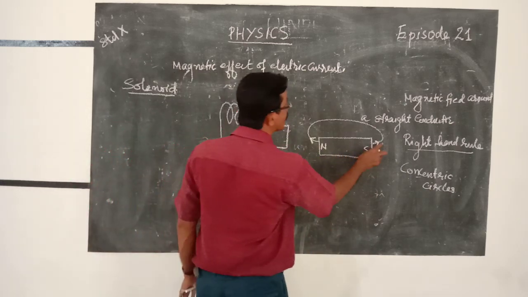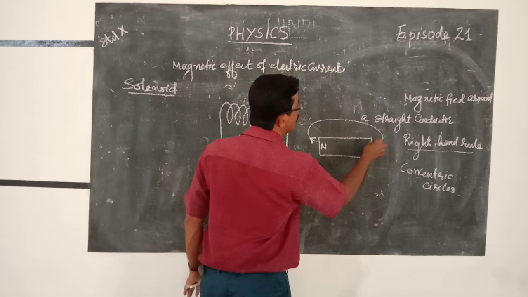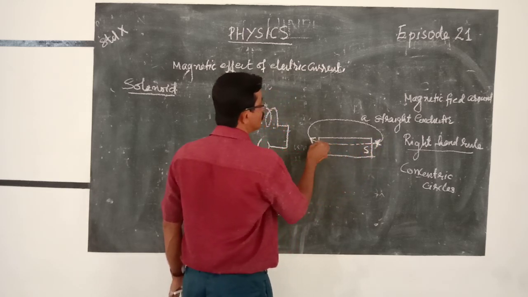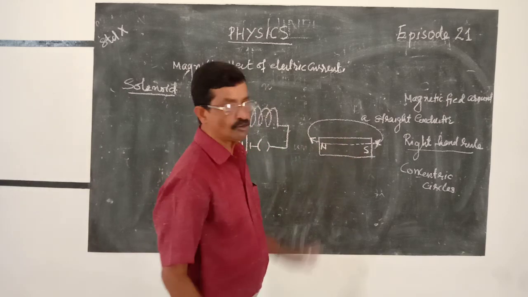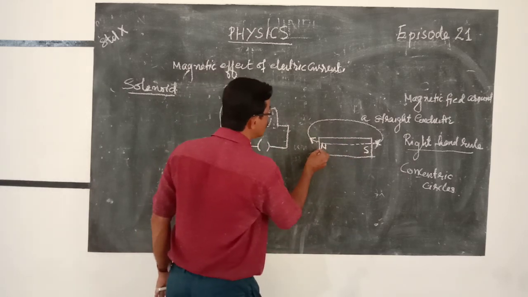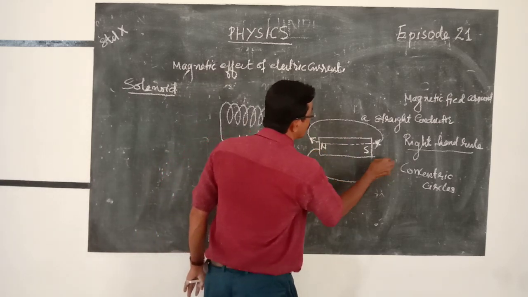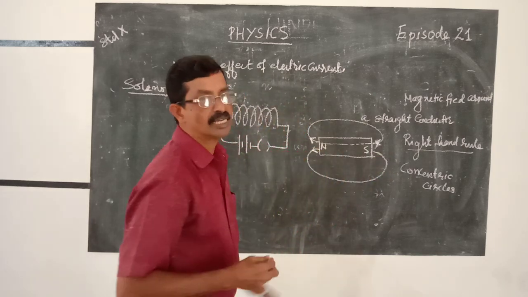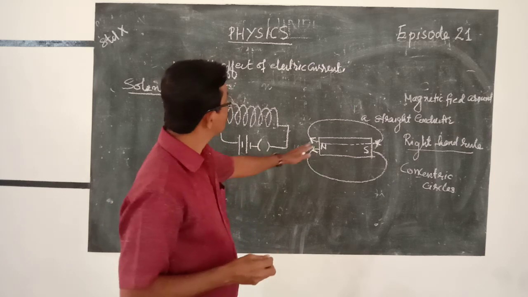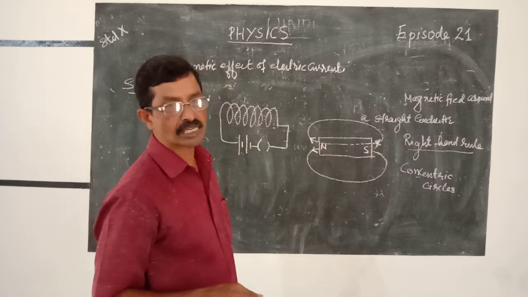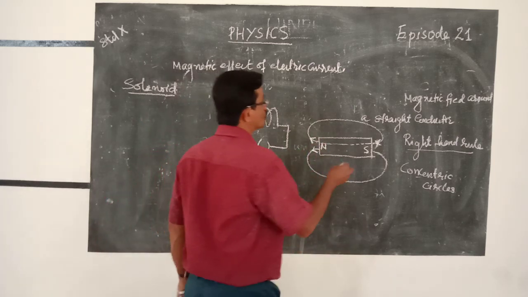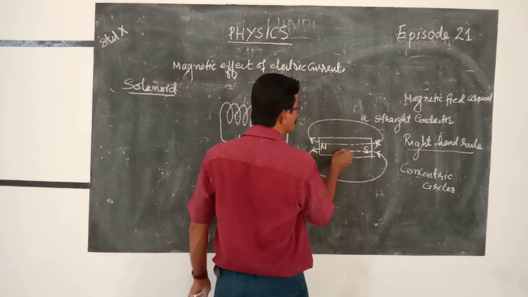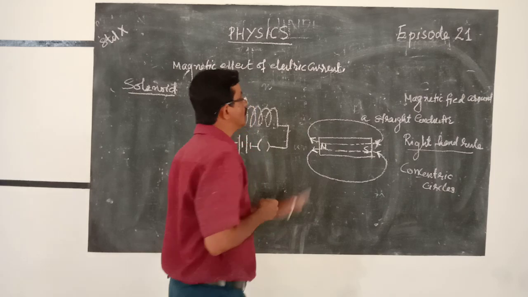And inside, the arrow mark is towards the inside, from south to north. This is the magnetic field produced by a bar magnet. It originates from north and goes to south, and from south it goes to north inside.